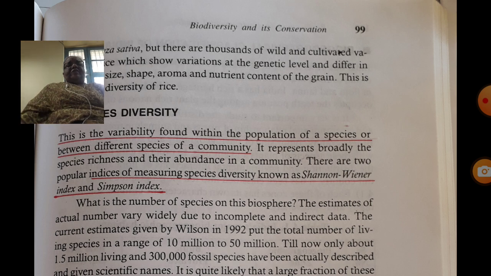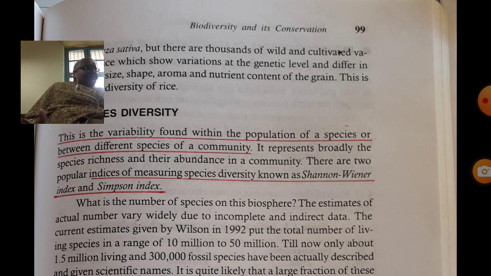These basic concepts of ecology, I think different teachers would have covered in their respective classes, in different chapters. Now I will be teaching you about species diversity. So the variability found within the population of a species or between different species of a community is known as species diversity.